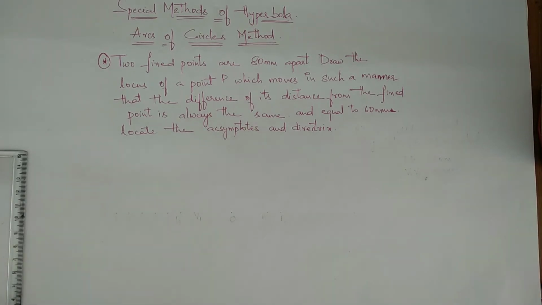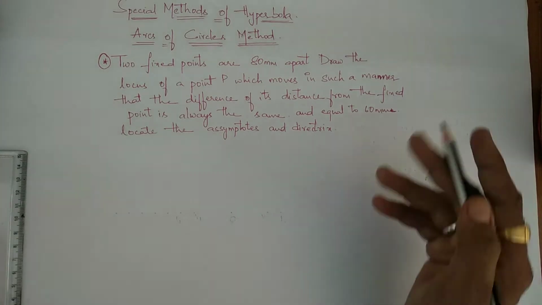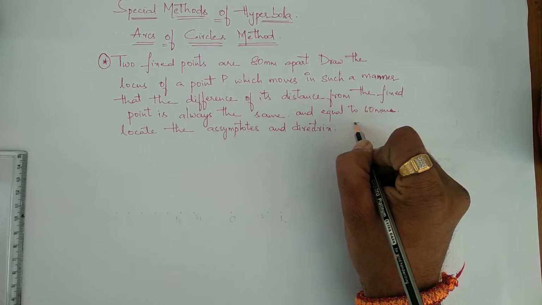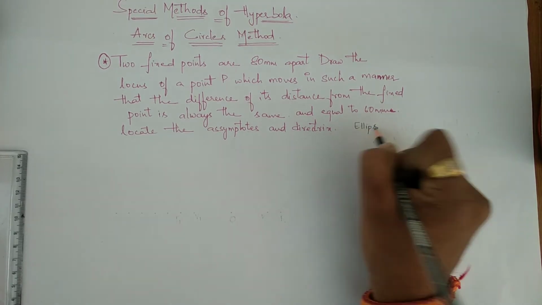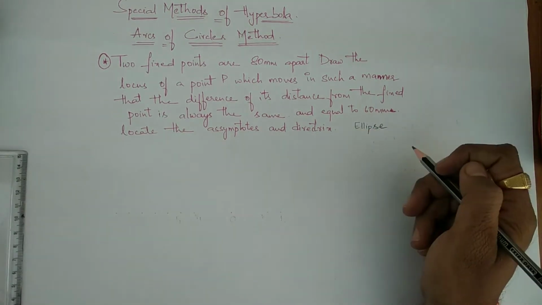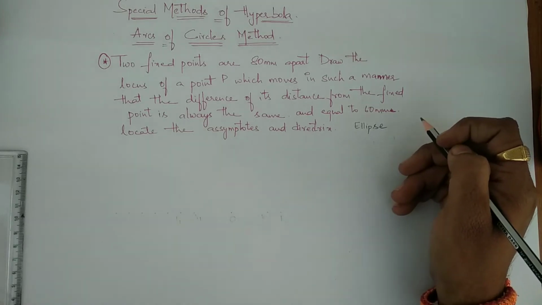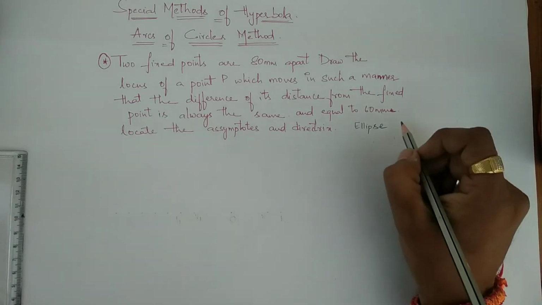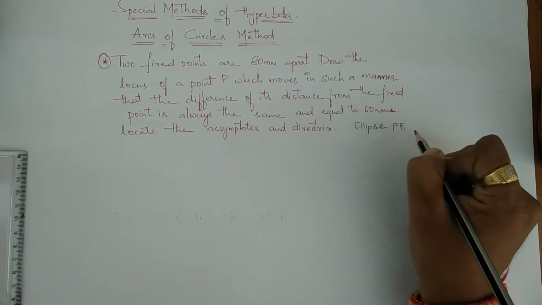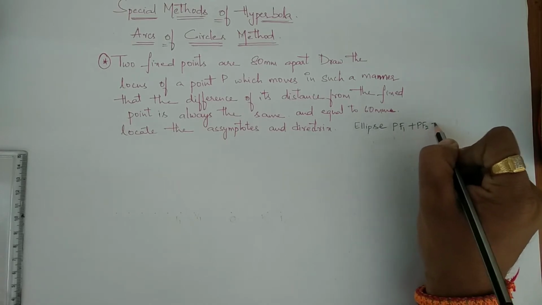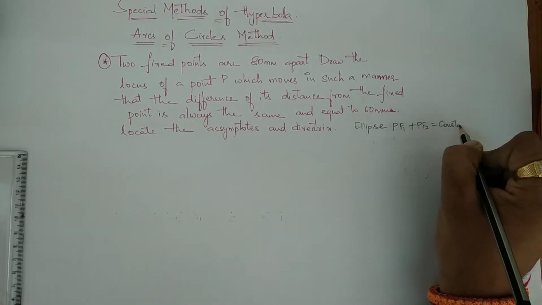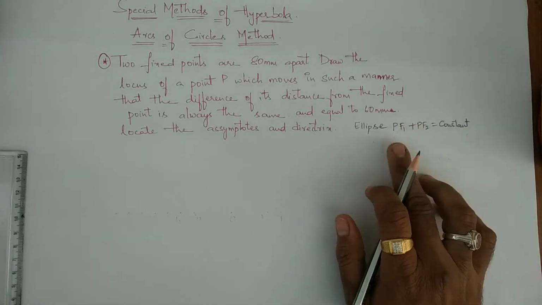Then how do we identify which curve is to be drawn when it is given in the examination? Here there is a difference to identify. As we discussed earlier for drawing the ellipse, it will be given that the locus of the point moving about two fixed points is such that the sum of the distances to those two fixed points is constant, so Pf1 plus Pf2 equals a constant.